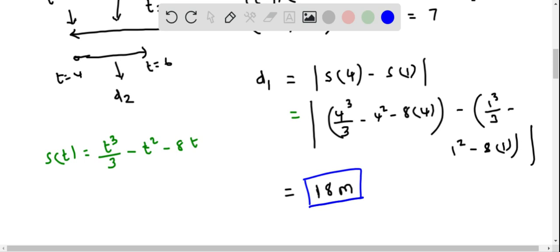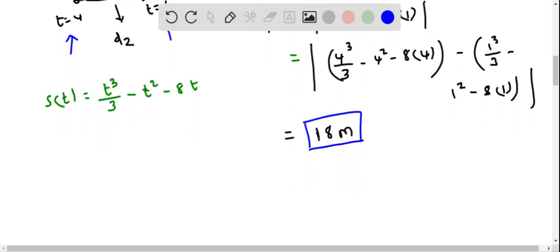Now, in the same way, we have to calculate the distance d2, which is the change in position of the particle from t equal to 4 to t equal to 6 seconds. Let's calculate this once again using the position function.